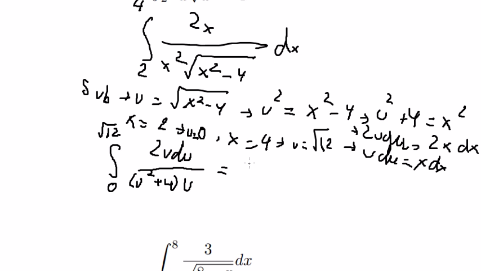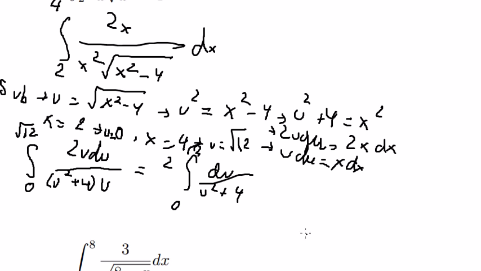So we get 2, and we have the integral from 0 to the square root of number 12, and you get du over u square plus 4. So you get 2 over 2 arctan of u over 2, and we have the bounds in here.